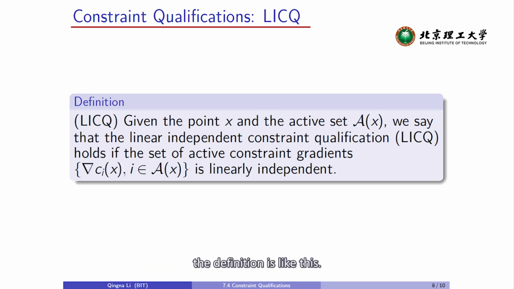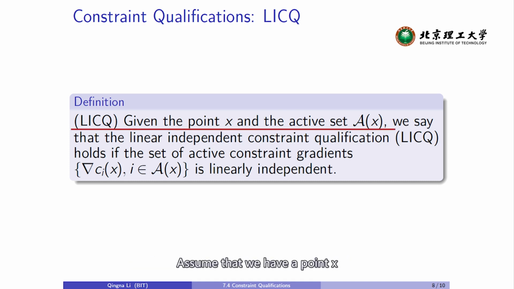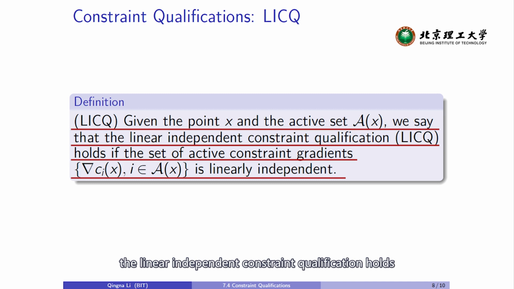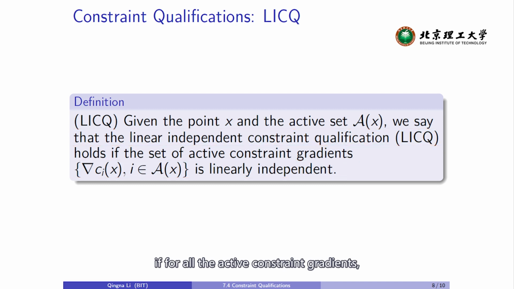The definition is like this. Assume that we have a point x and we get the corresponding active set of constraints. Then we say that the linear independence constraint qualification holds if all the active constraint gradients are linearly independent. Okay, so if this condition is satisfied, then we say that LICQ holds.